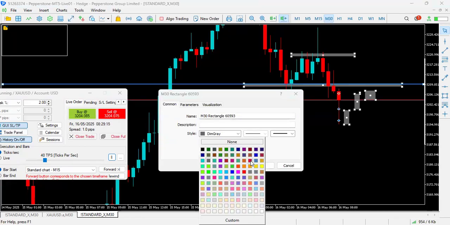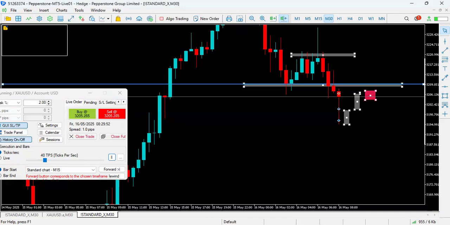Let me make it red. Then you can expect the next candle to continue to push down like this. If you miss this type of move, you need to wait for this type of setup for the sell. So this is the simplest way to analyze the market for buys and sells.